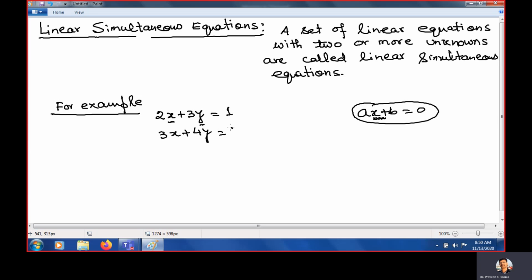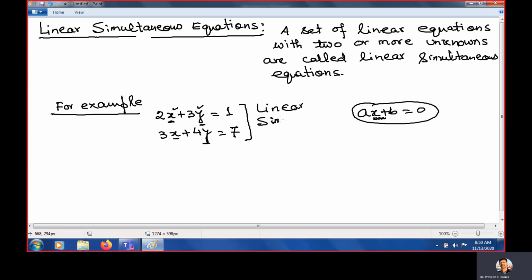This is called linear because the degree of x and y is 1. And simultaneous means if we have two unknowns, three unknowns, four unknowns. Unknown means the variable for which we are evaluating. We need to find the value of x and y. Clear? So this is called a linear simultaneous equation.